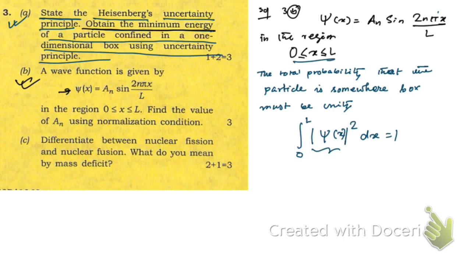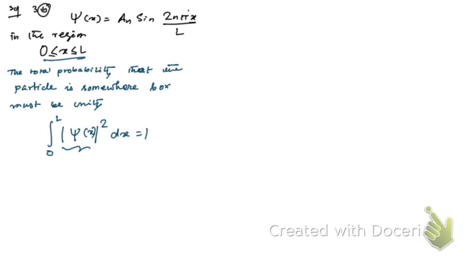Now what we're going to have is the integration from 0 to L, and here we're going to have a square, so A_n squared times sine squared of 2n pi x by L, dx is equal to 1.